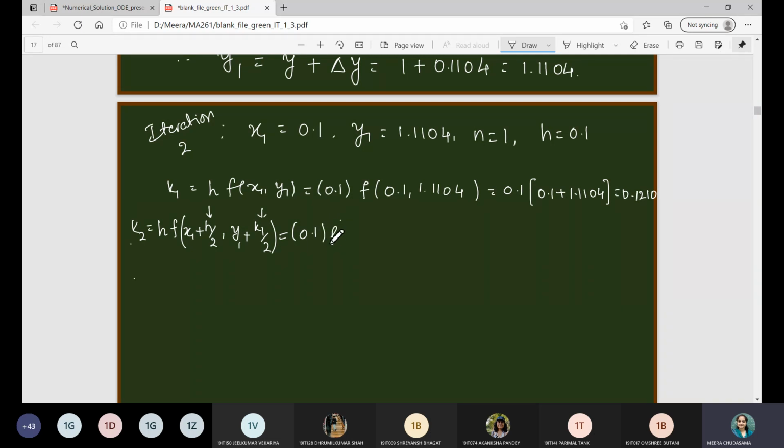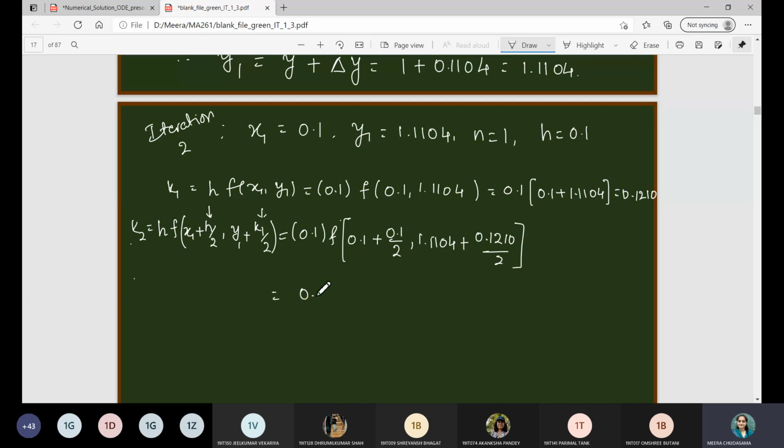So it is 0.1, function value x1 means it is 0.1 plus h/2, so 0.1/2, comma y1 which is 1.1104 plus k1/2 which is 0.1210/2.